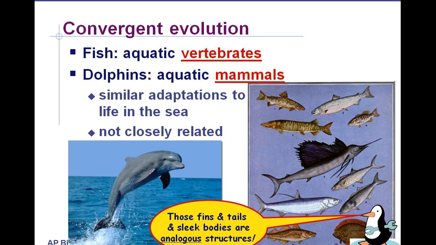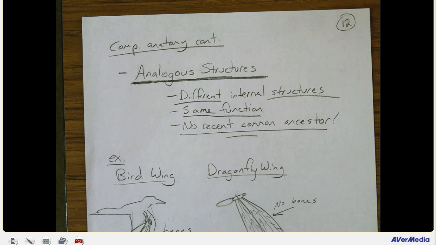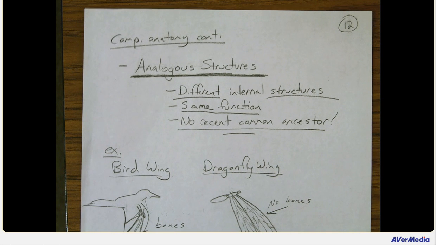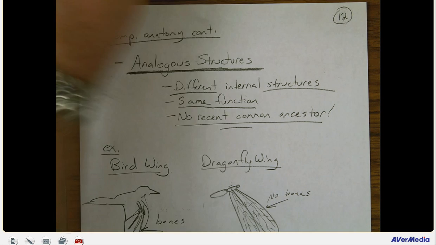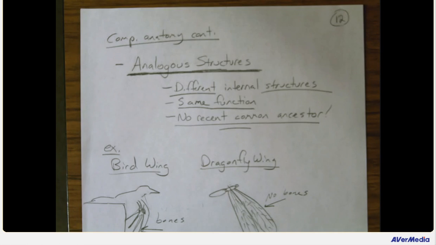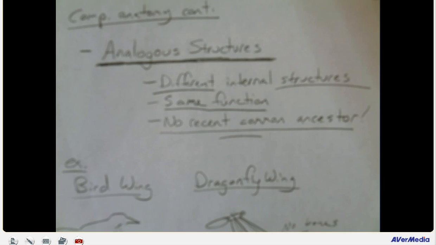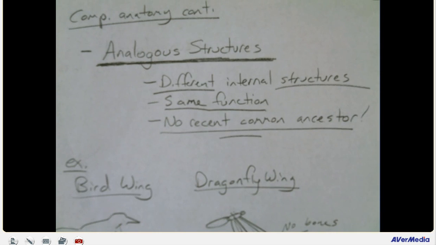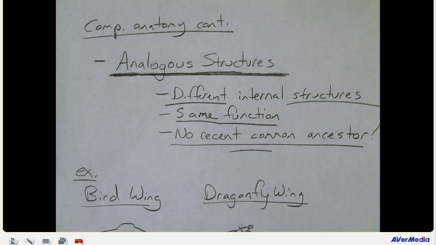This time, let's get some notes. Fresh page, comparative anatomy continued. We have our analogous structures: different internal structures, same function, no recent common ancestor.